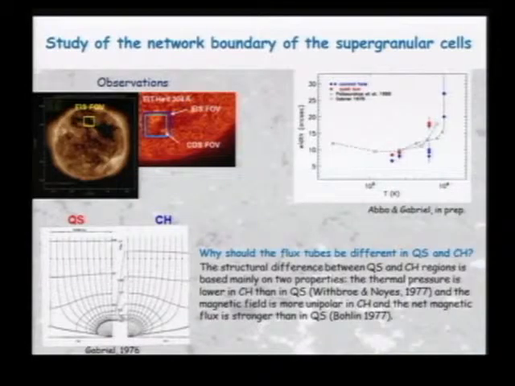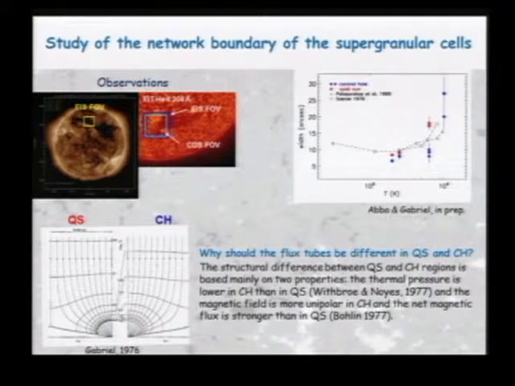Yes, okay. The second part of the work is concerning the network boundary width as a function of temperature. And we divided the 2 regions, the quiet sun and coronal hole regions.